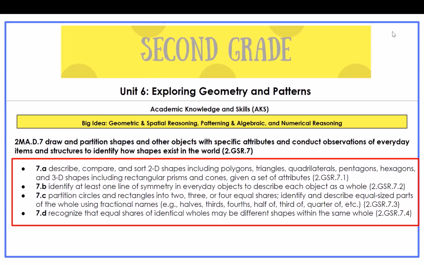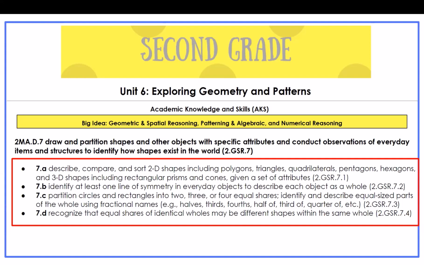Students will identify at least one line of symmetry in everyday objects to describe each object as a whole. They will use mirrors or geomirrors, geoboards, and paper folding in order to create lines of symmetry and mirror images. Students should experience examples of these shapes within real-world context.